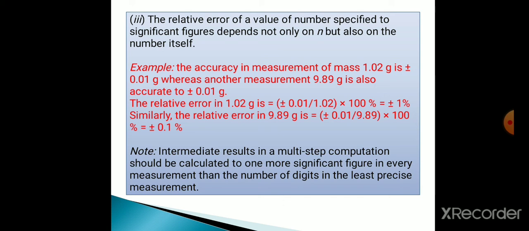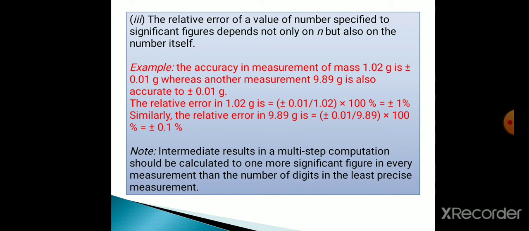In both these data, you have got an error of plus or minus 0.01 gram. But if we calculate the relative error in 1.02 gram, we get it to be plus or minus 1%. But the relative error in 9.89 gram comes out to be plus or minus 0.1%. So, though the number of significant figures and errors are the same in the given data, it depends on the data also.